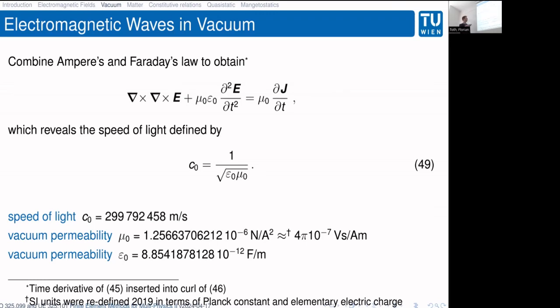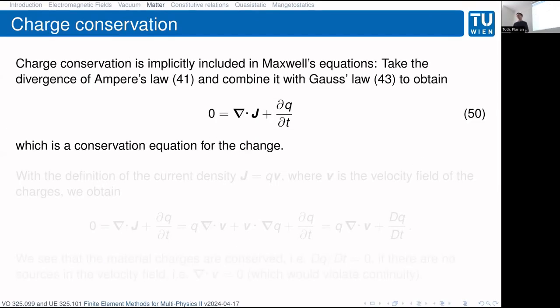And here you can recognize the speed of light in vacuum, defined by the vacuum permittivity epsilon 0 and the vacuum permeability. This is also a conservation equation we know that needs to hold, but is not explicitly contained in Maxwell equations, but implicitly, of course, guaranteed.